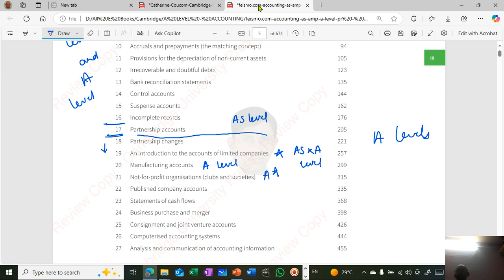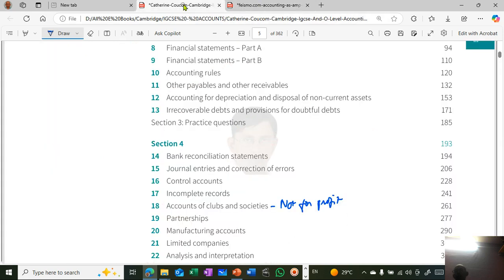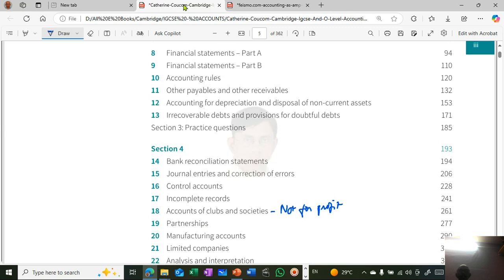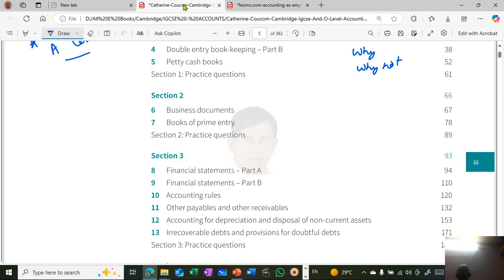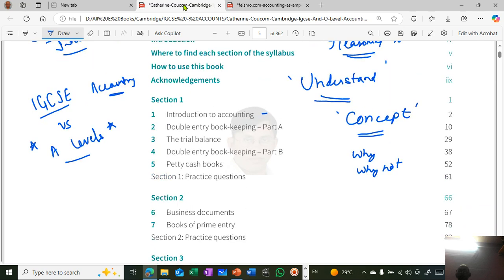So basically, what I want to tell you is, please focus on learning more and more points in IGCSE, so that your A levels become easier for you and the scoring becomes easy. In the course of the classes, we will be doing questions from this book.